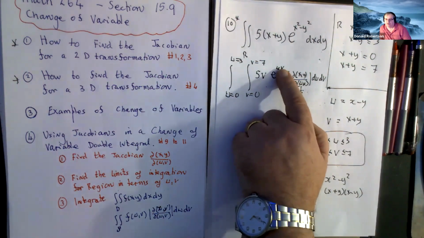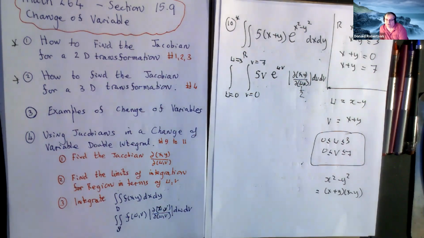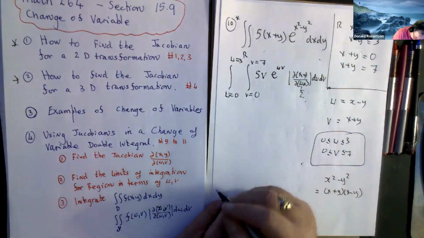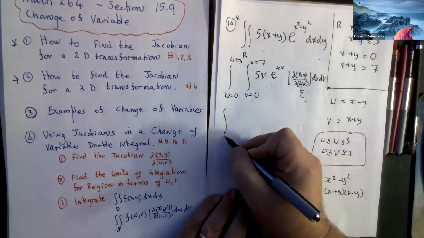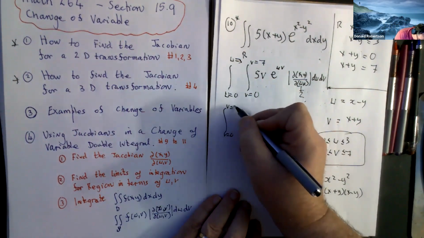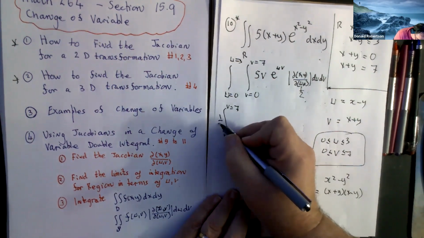Because of that e to the uv, you will not be able to do a variable separable. But you might want to do it in this order. Let's stick that half so it's done.